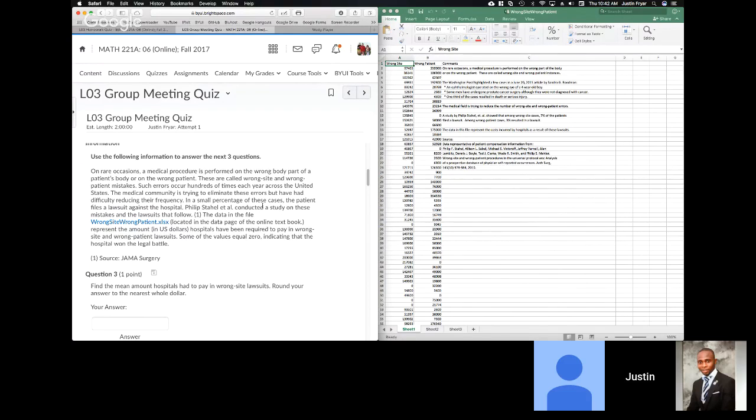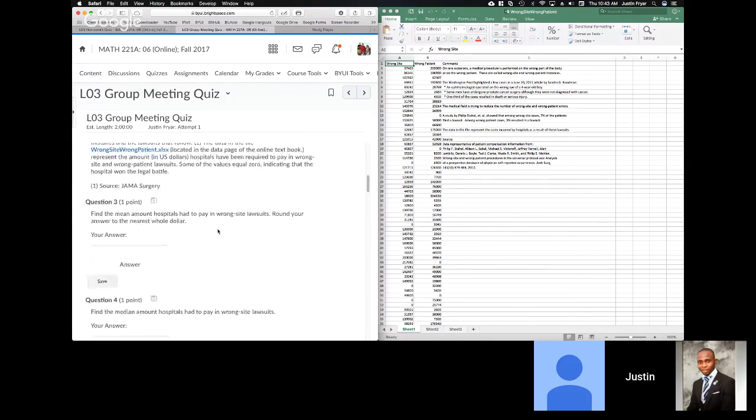In a small percentage of these cases, the patient files a lawsuit against the hospital. Phillips et al. conducted a study on these mistakes and the lawsuits that follow. The data in the file, which is right here, represent the amount in US dollars a hospital has been required to pay in wrong site and wrong patient lawsuits. Some of the values equal 0, indicating that the hospital won the legal battle.